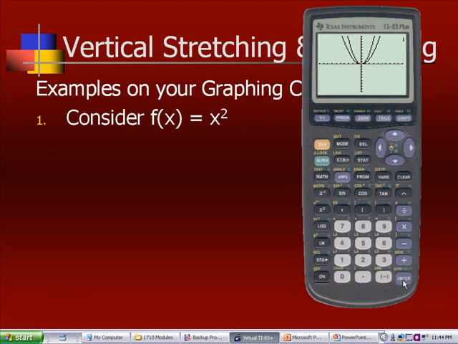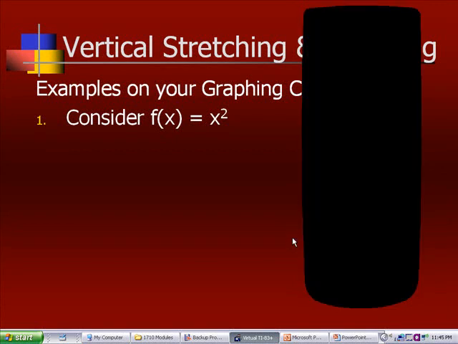It's about half the values that it was. 1/4 x squared is even smaller, and then 1/8 is even flatter. So as the numbers in front of the x squared get smaller, the graph gets a lot wider, and we call that vertical shrinking.